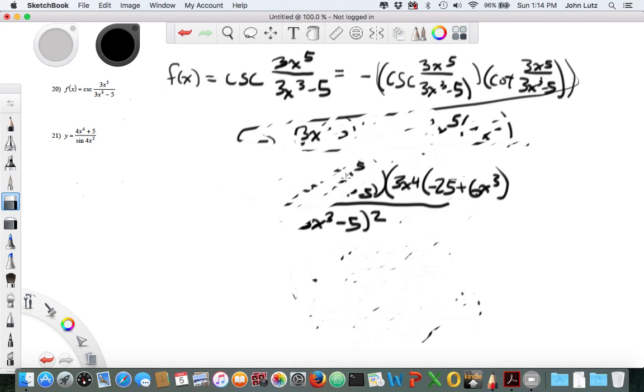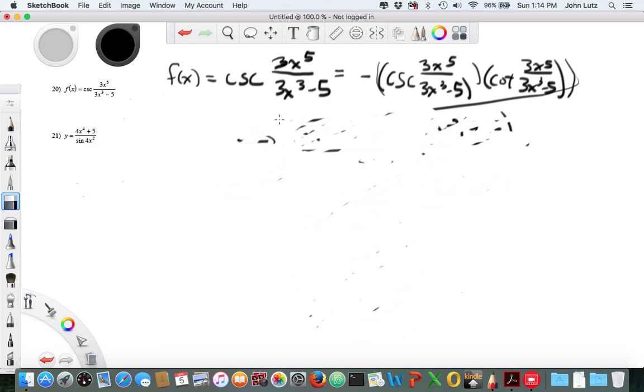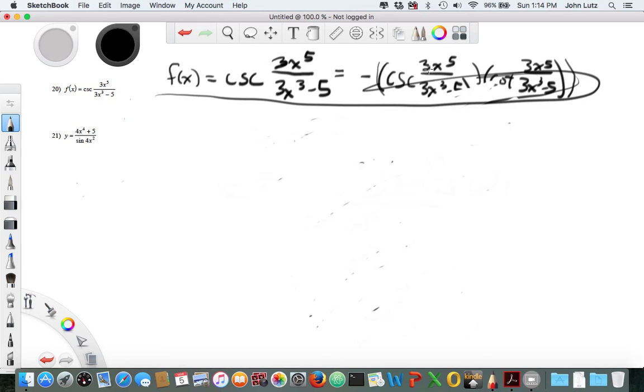Cosecant is a little bit more difficult than sine, right? Cosecant is lots of steps. You've got your cosecant times the cotangent, and then you've got to do your quotient rule. Now, the difference between that one and this next one is that in the first one, the cosecant came on the outside.